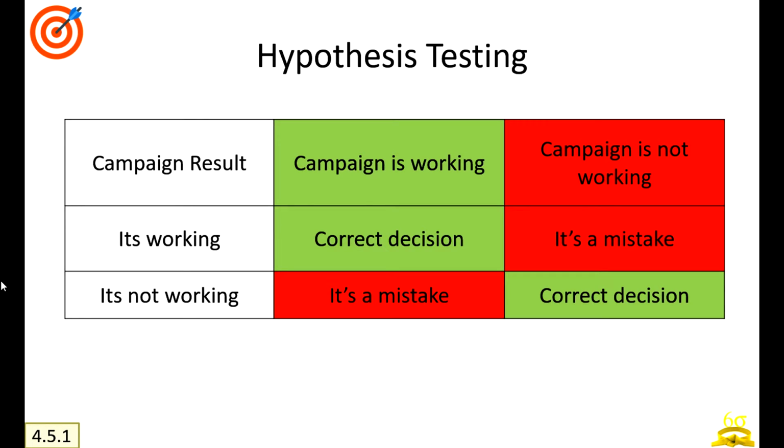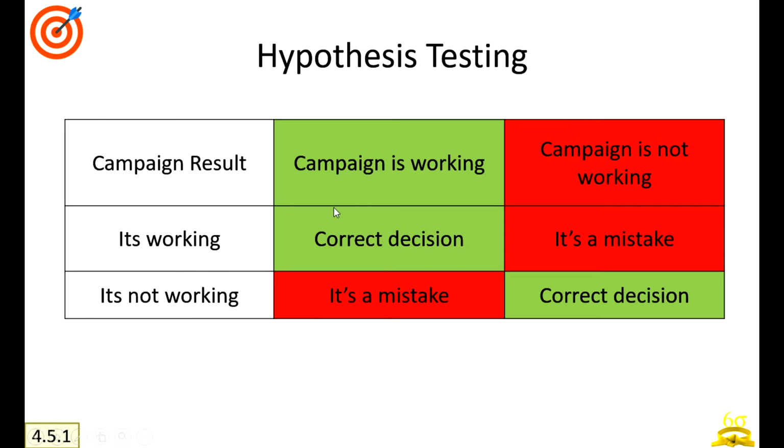The campaign result can have two outcomes, either it's working or it's not working. Let's take the first one. If the campaign is actually working and we have decided that it is working, then it's a correct decision. Let me repeat again. The campaign is actually working and we are saying it is working, then it's a correct decision, right? But if the campaign is not working and we decided that yes, it is working, then it's a mistake for us, right?